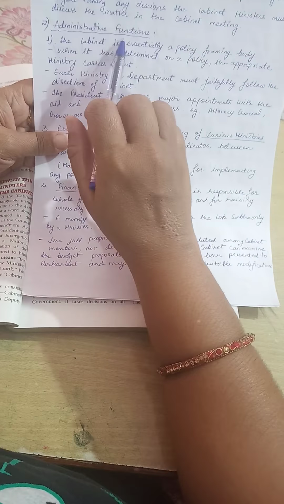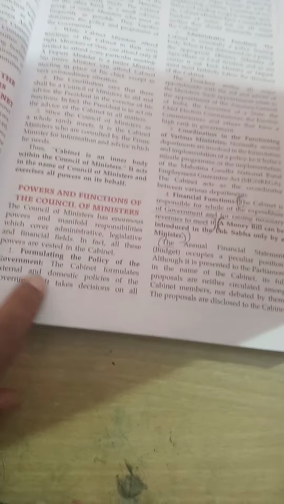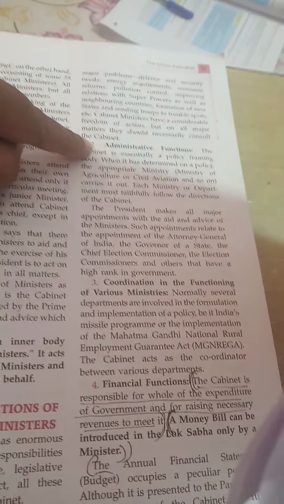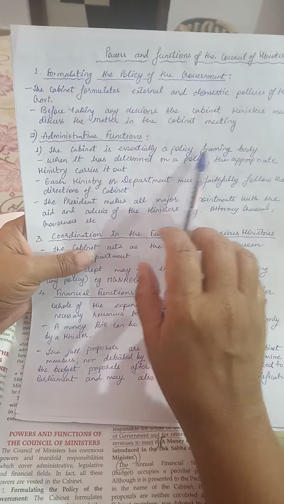Next is the administrative function. You will find in your book formulating the policy of the government. In my notes I have written the two important points, and the rest, the administrative function, you will also find in this paragraph. The cabinet is essentially a policy framing body.